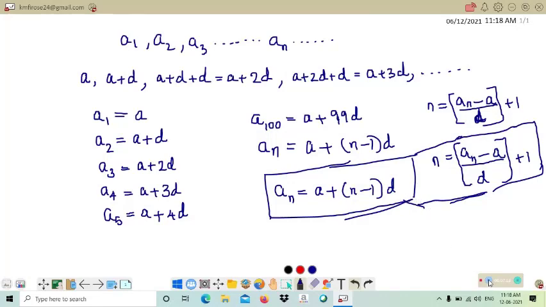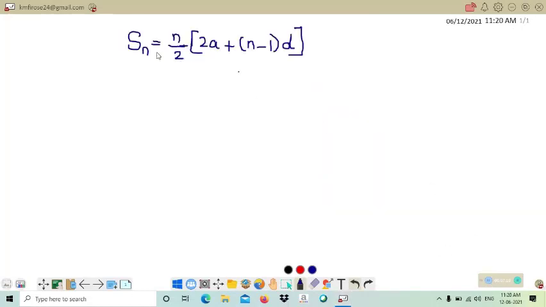Okay children, so let us move to the next topic, that is Sn. Sn is equal to n by 2 into 2a plus (n minus 1) into d. This is the equation to find the sum of the first n terms. For example, a1, a2, a3, a4 and so on are the terms.